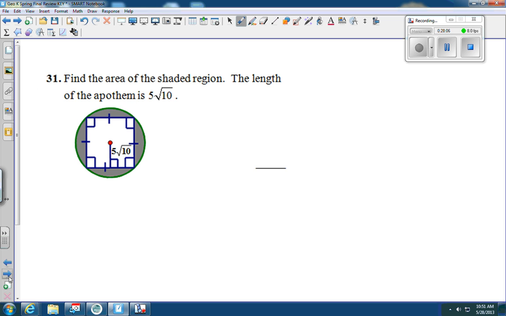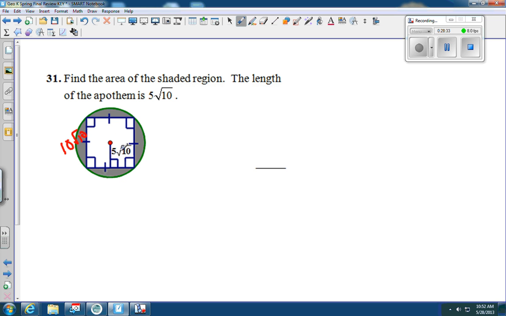All right, find the area of the shaded region. So the first thing I'm going to have to do is find the area of the circle and the area of the square and then subtract them. So first of all, I know that the length of the side of the square is 10 square root of 10.